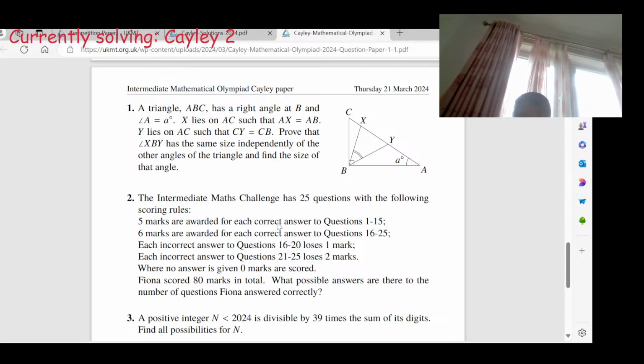Do 15. You can do all 15 of the first 15 questions. You do one, that puts you on 75. You do one of them, and you lose 1 mark on one of them. So you can do 15. What about 16?